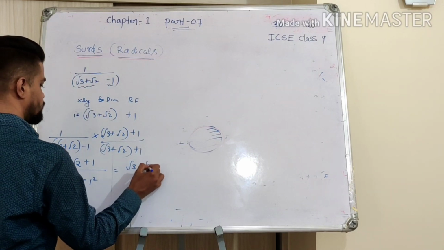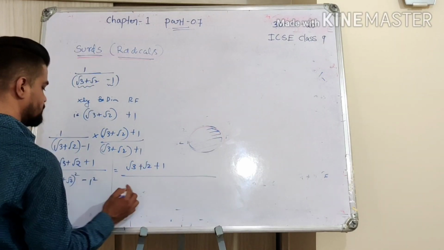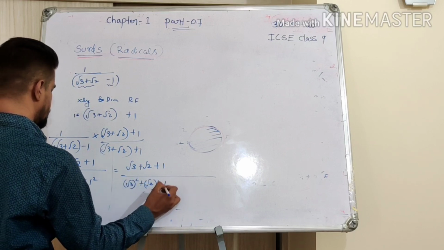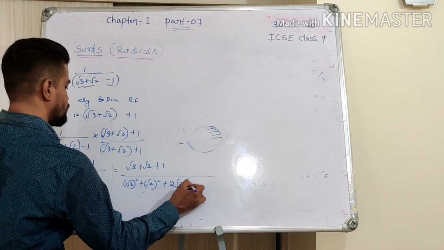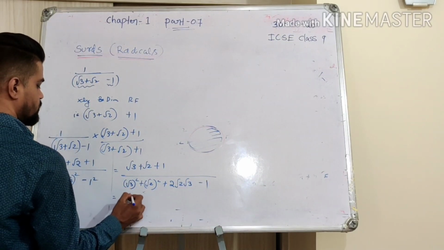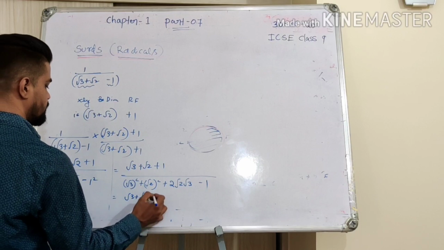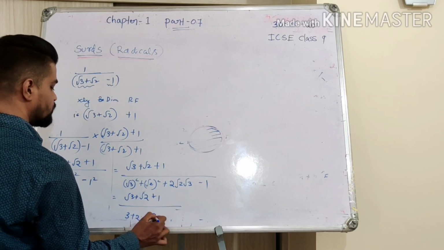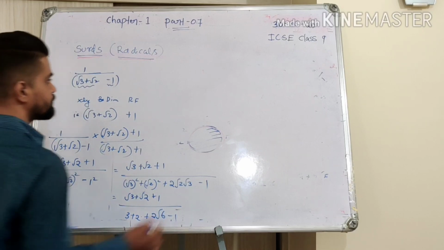So what is that? Root 3 plus root 2 plus 1. This is again a plus b whole square. Root 3 square plus root 2 square plus 2 root 2 into root 3 minus 1. So we end up with what? Root 3 plus root 2 plus 1 divided by 3 plus 2 plus 2 root 6 minus 1.